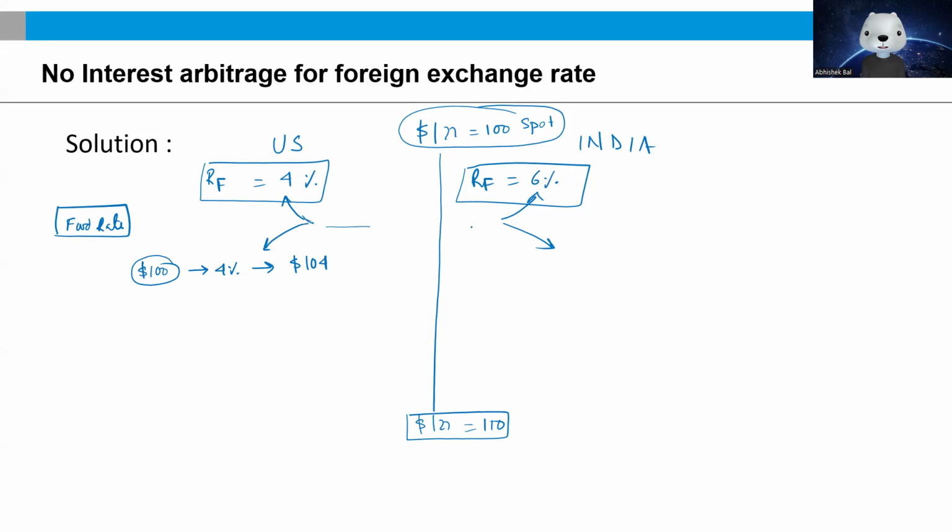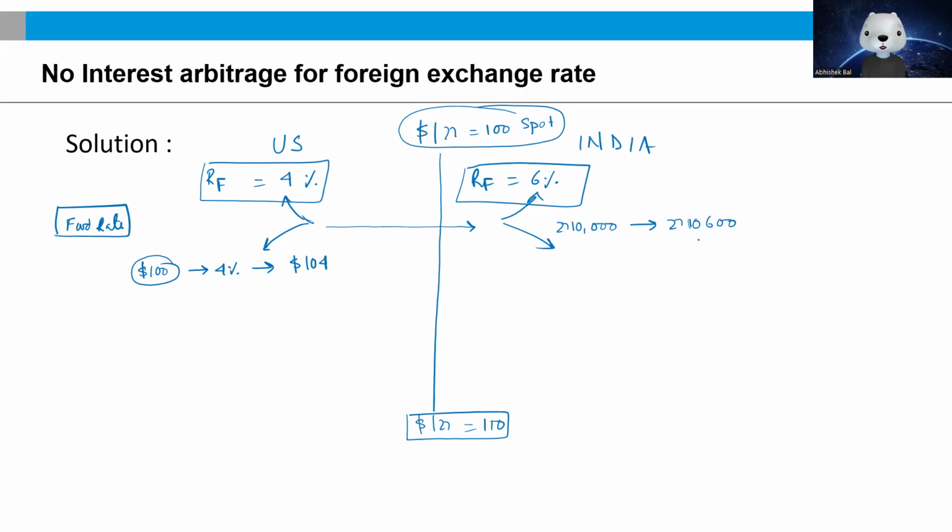If I do invest this $100 there, first and foremost, I cannot invest in dollars in India. I'll have to first convert this into domestic currency. On the spot market, $100 would mean 10,000 Indian rupees. If you invest 10,000 rupees at the risk-free rate of interest, at the end of 1 year you're going to get 10,600 as your entire yield.